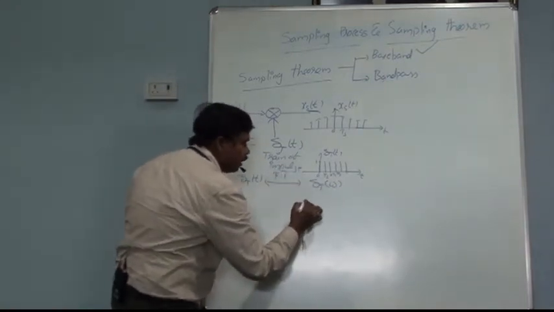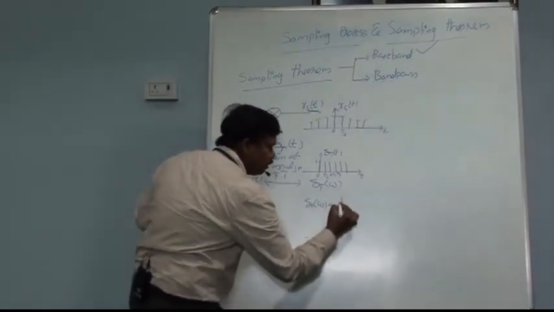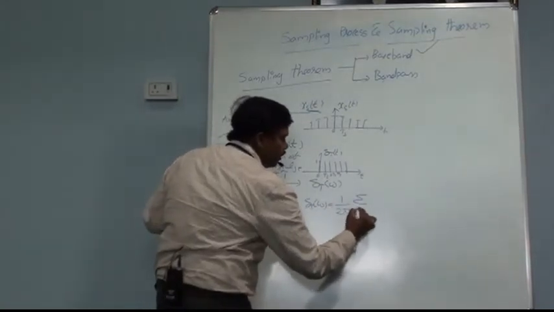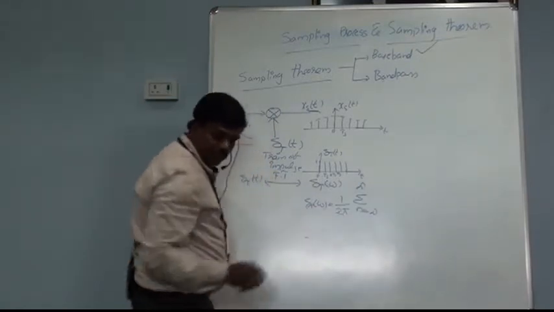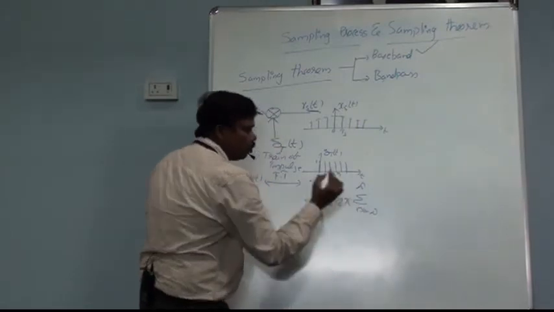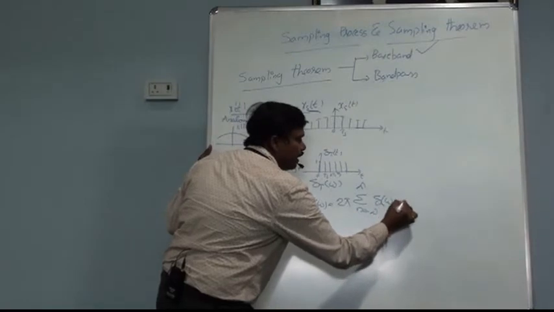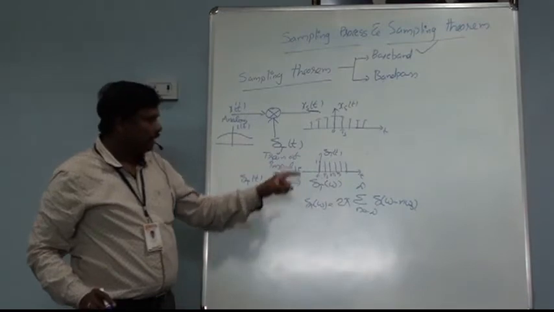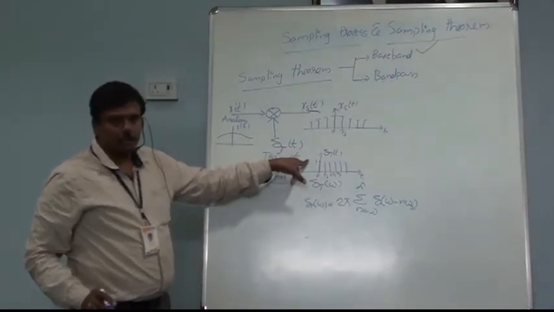And the value of this delta of omega is equal to 1 divided by 2 pi, small correction, 2 pi summation n equal to minus infinity to plus infinity delta of omega minus n omega s. This is the frequency domain representation of the time domain signal.